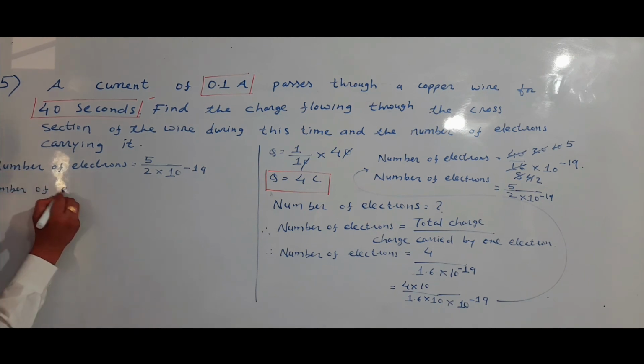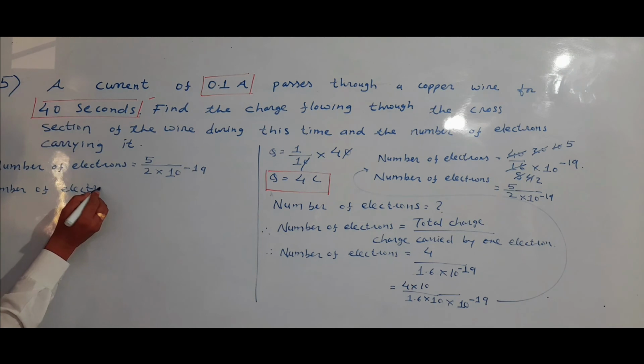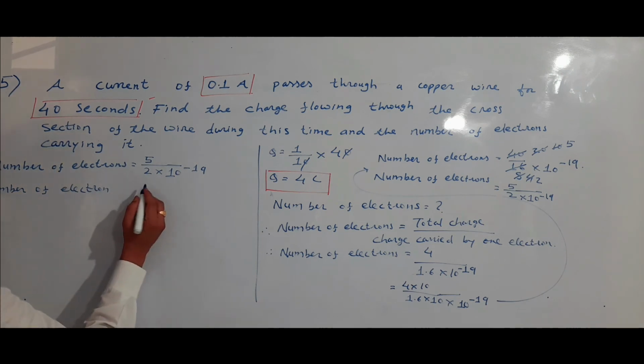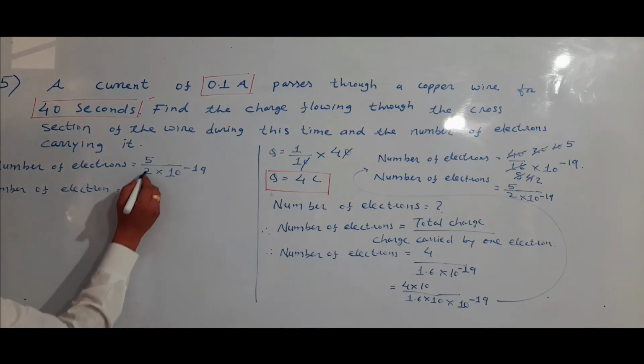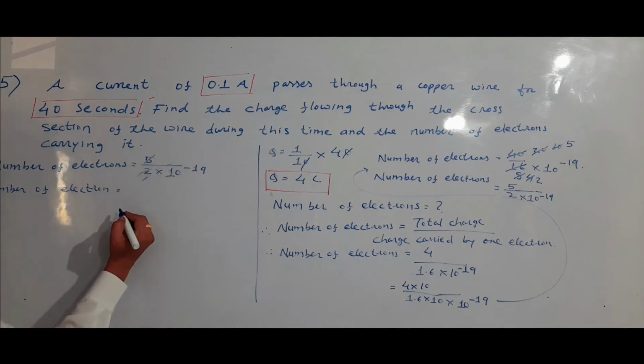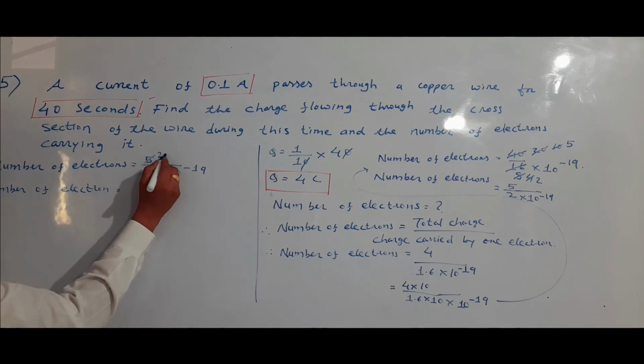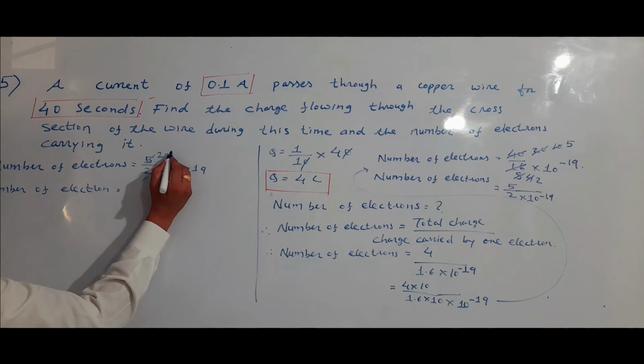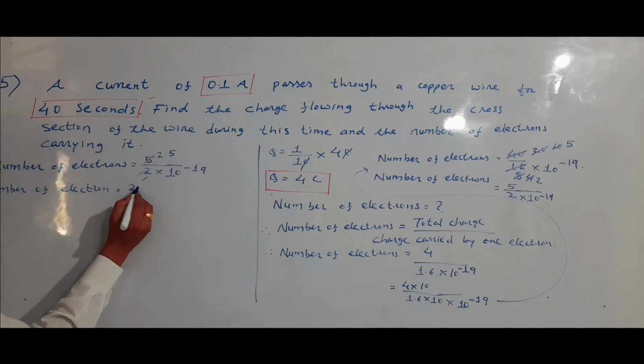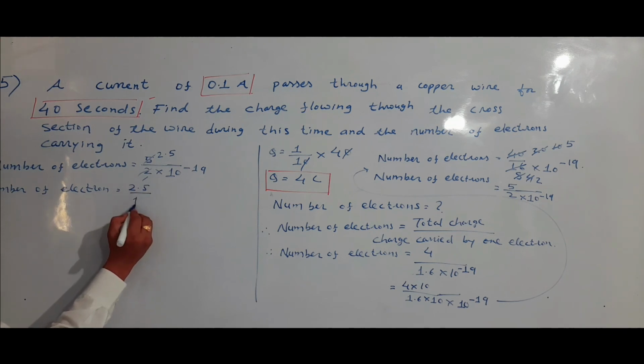Number of electrons is equal to 2.5 divided by 10 to the power minus 19.